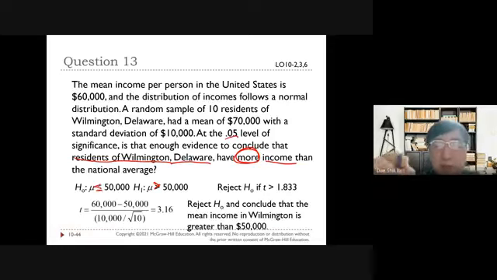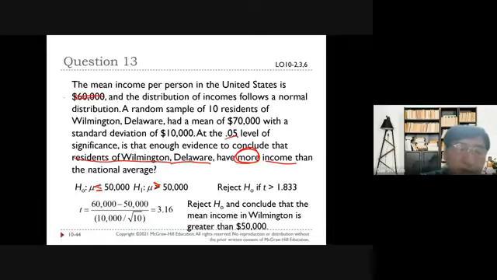This example is wrong, so I will change the question. Let's assume the mean income per person in the United States is 50,000, and Wilmington, Delaware, is 60,000.